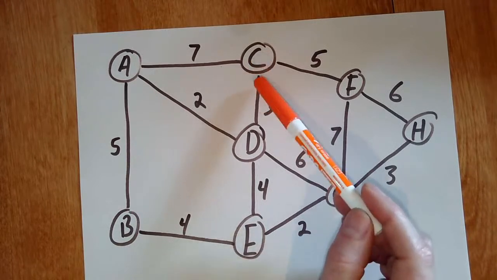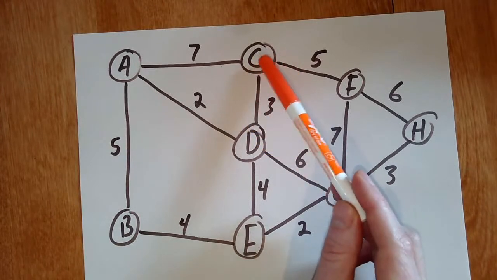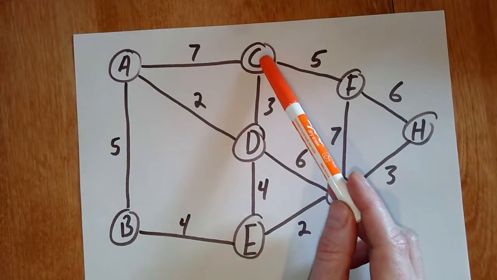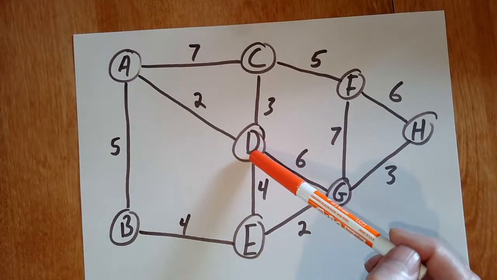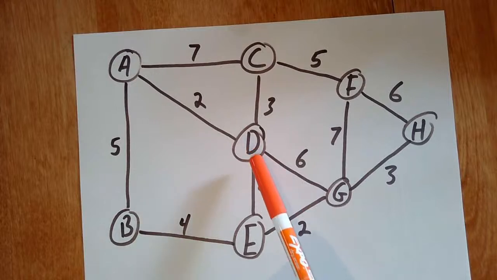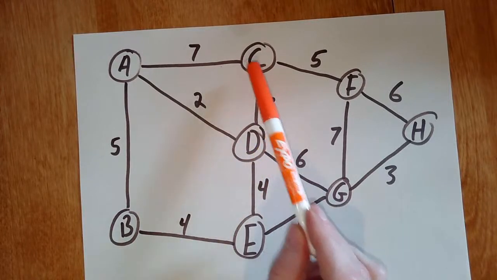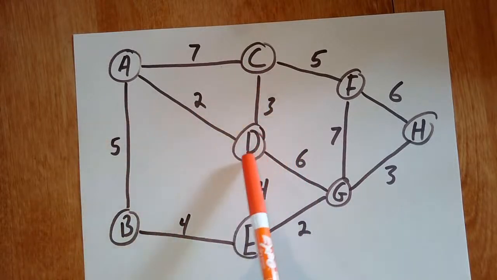And then C might be the next thing we consider, and we might look at the previous node D and set that in a table so that we're always looking backward.